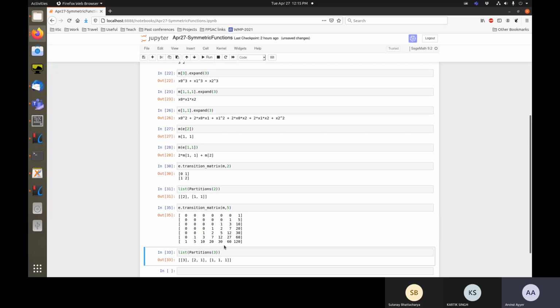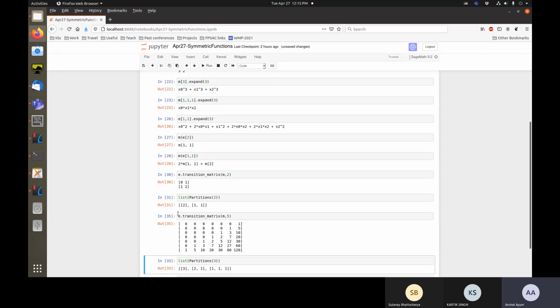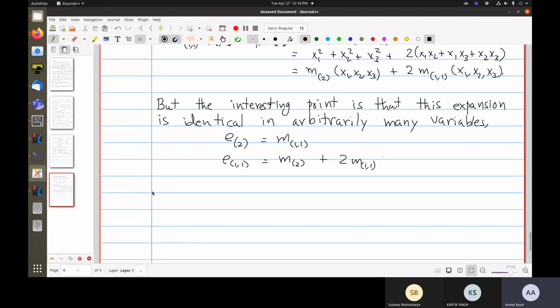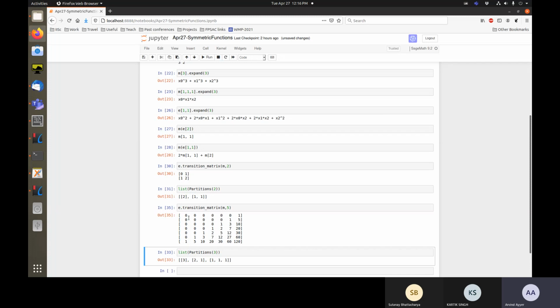So this says that the E lambdas also give you a basis. So this proves the result. I mean, it doesn't prove it, of course, but one can show this thing.